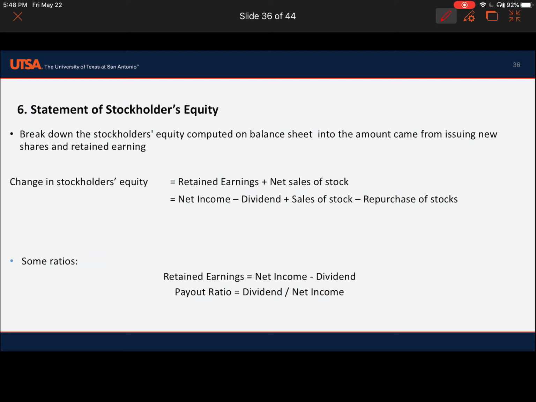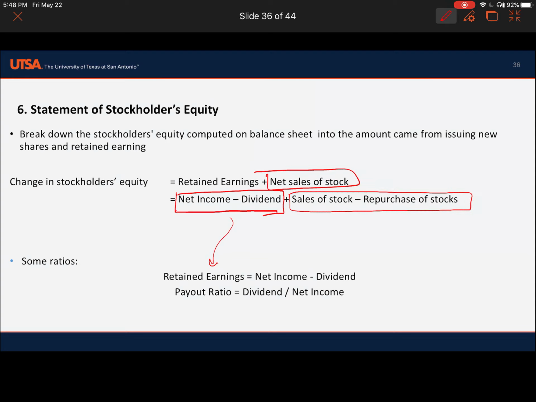And which is equals to net income minus dividend plus sales of stock minus repurchase of stocks. So this is retained earnings. Retained earnings is net income minus dividend, and net sales of stock is sales of stock minus repurchase of stock.